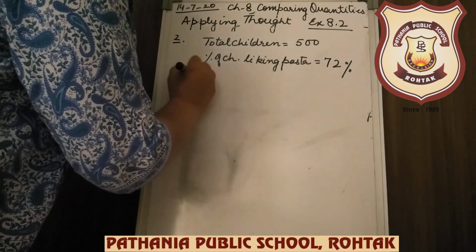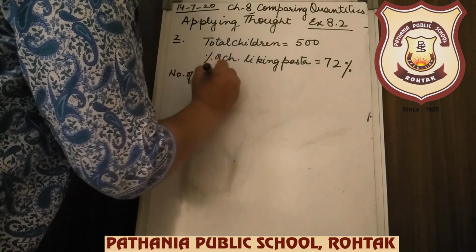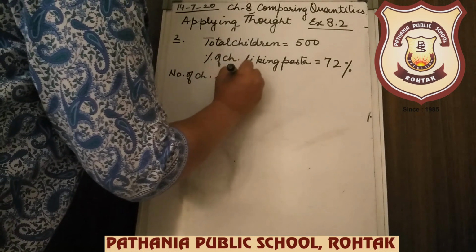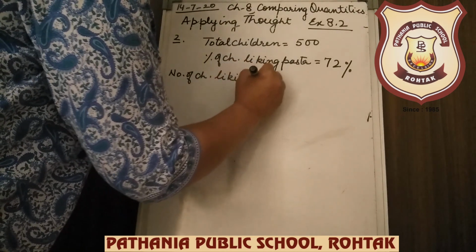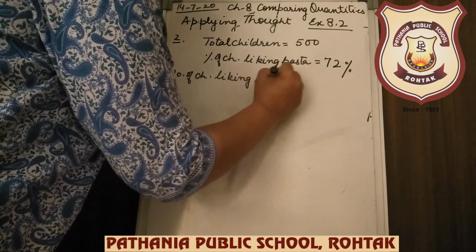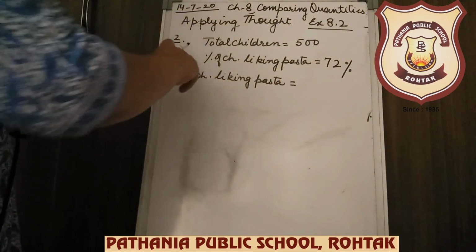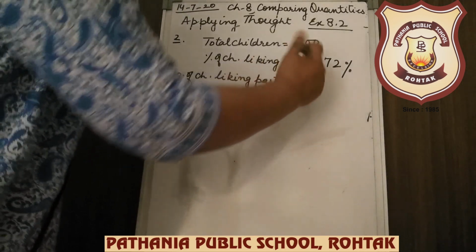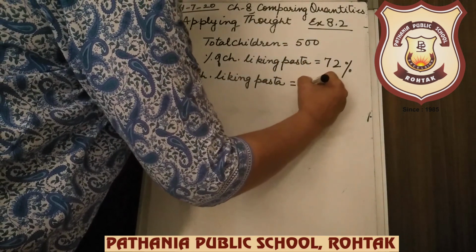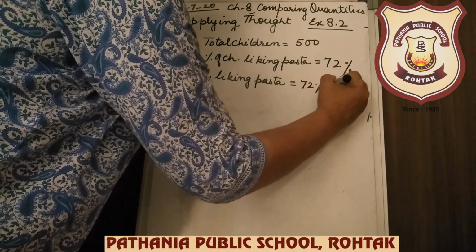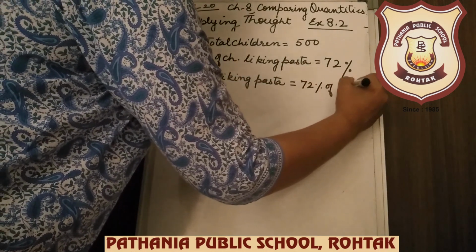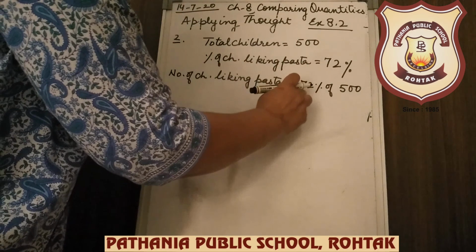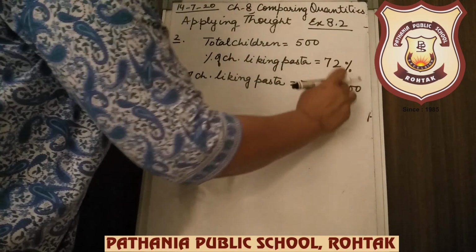Number of children liking pasta means here the percentage is given, now you need the number. So how will be the statement? 72% of 500, because this 72% is part of the total students.